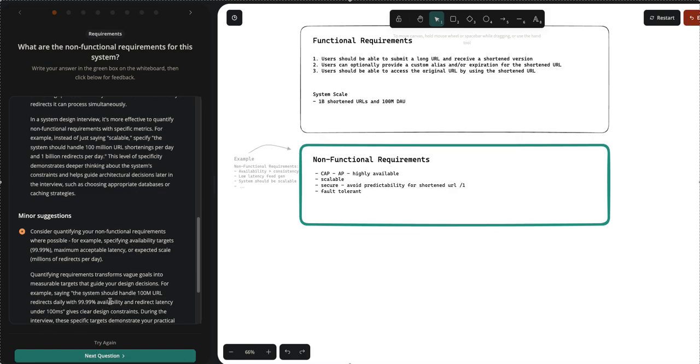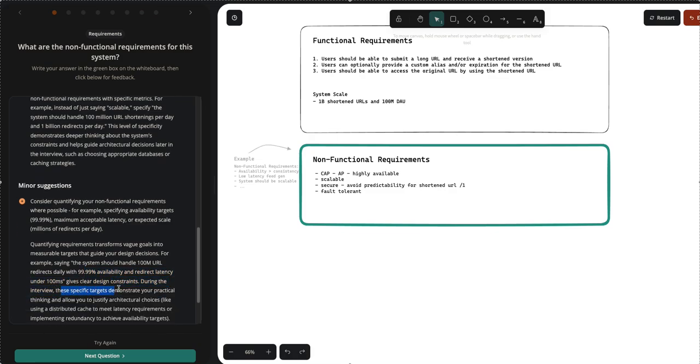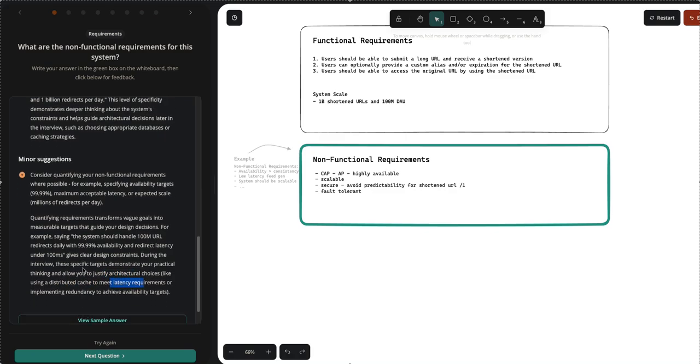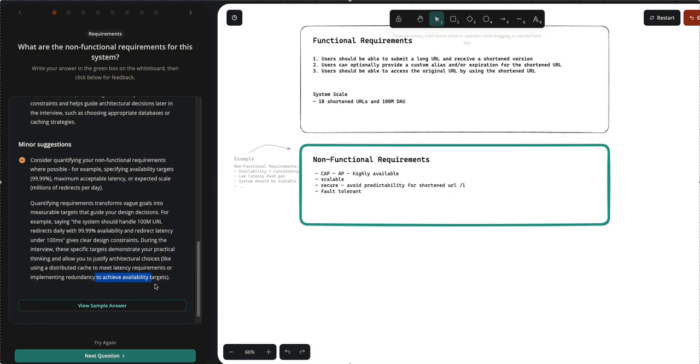For example, saying the system should handle 100 million redirects daily with 99.99% availability and redirect latency under 100 milliseconds gives clear design constraints. During the interview, these specific targets demonstrate your practical thinking and allow you to justify architectural choices like using a distributed cache to meet latency requirements or implementing redundancy to achieve availability targets.